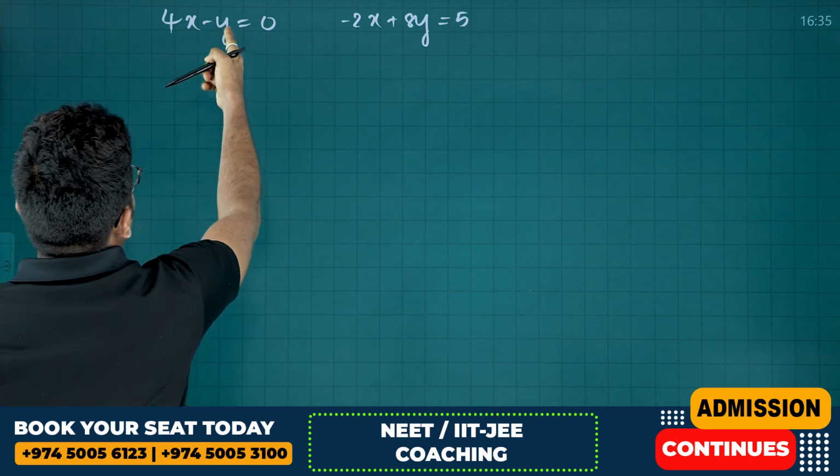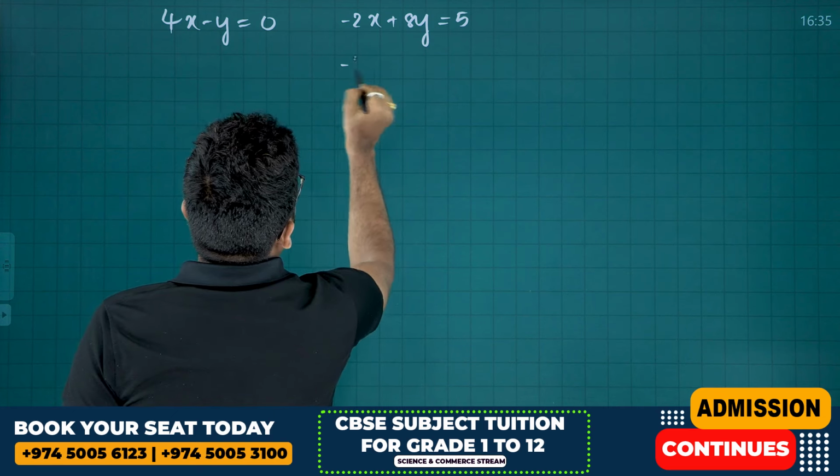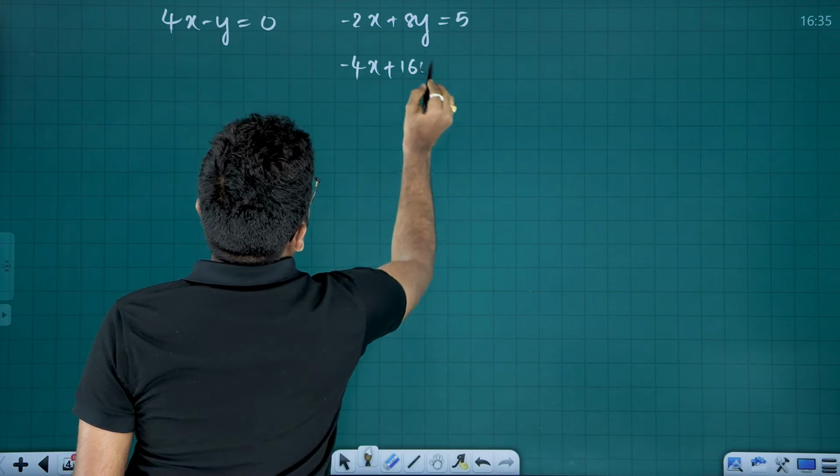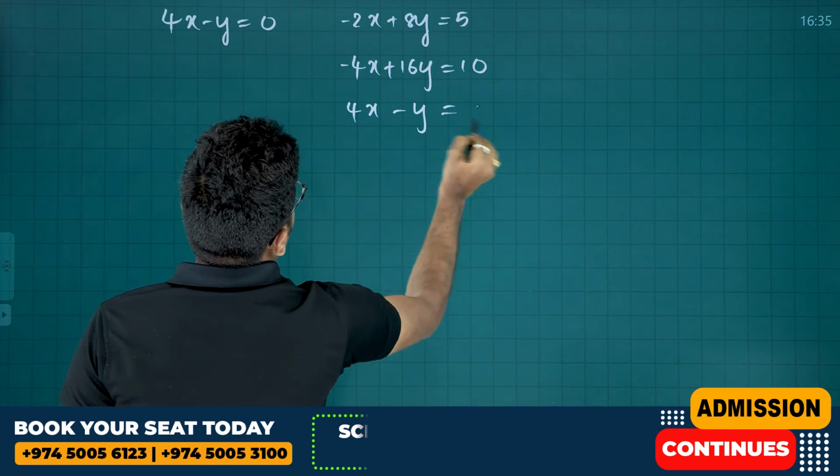From here, multiply the equation minus 2x plus 8y equals 5 with 2. So minus 4x plus 16y is equal to 10 and the other equation is 4x minus y is equal to 0.